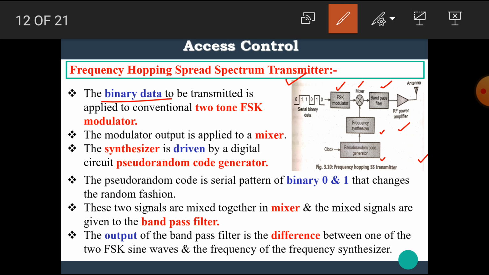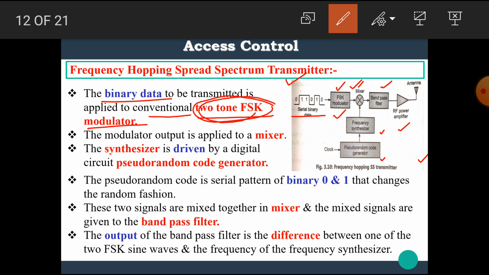The binary data, that means the data to be transmitted, is applied to a conventional two-tone FSK modulator. Remember here that this FSK modulator is a two-tone FSK modulator. That means the output of the FSK is of two-tone frequency.